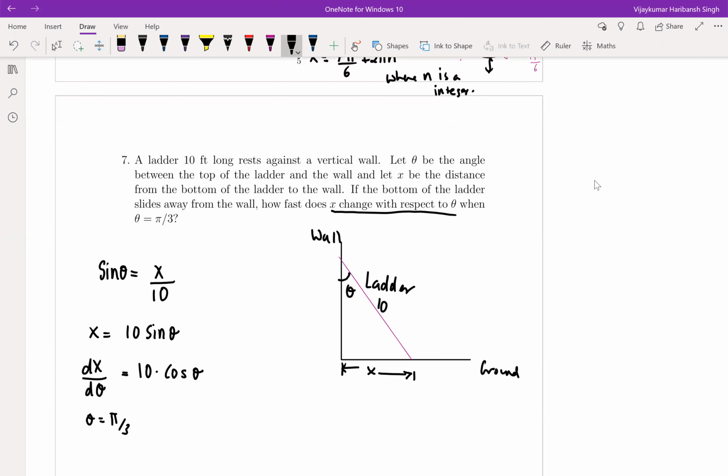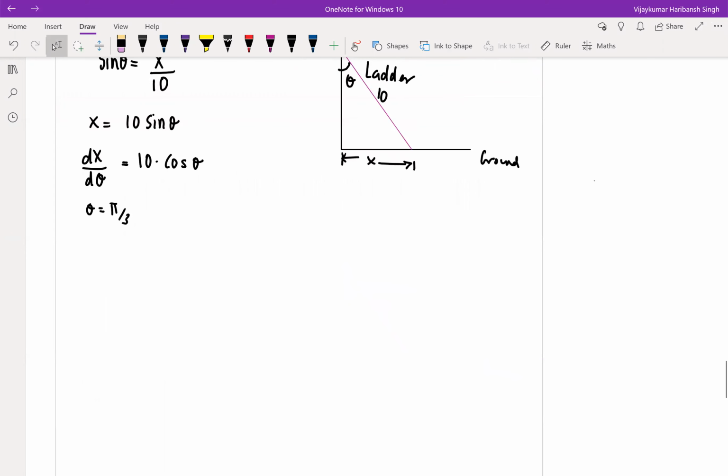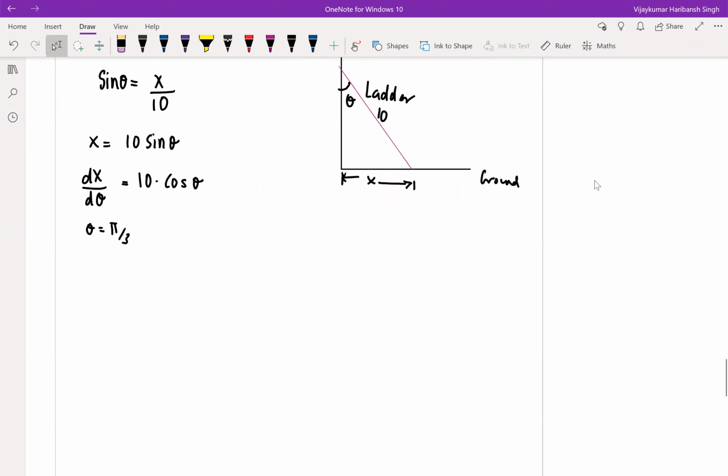So when theta equals pi by 3, we get dx by d theta equals 10 cos of pi by 3, which is 10 times cos of pi by 3. So cos of pi by 3 is 1 over 2. So this is going to be 5.